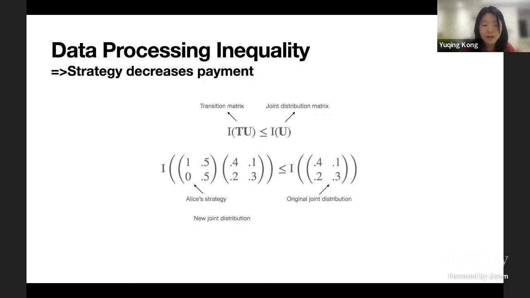At a high level, if one of them performs a strategy, processing their ratings, it will decrease their payments. Mathematically, if they perform a strategy, they are multiplying some transition matrix on the joint distribution, and the mutual information decreases, and we pay them by the mutual information, so their payment decreases. In such a case, they don't want to perform some strategy on their ratings. That is what we want. We want them to provide their honest original ratings.